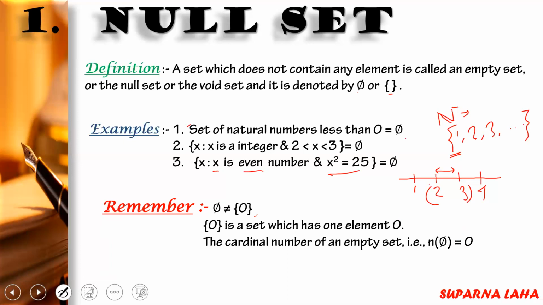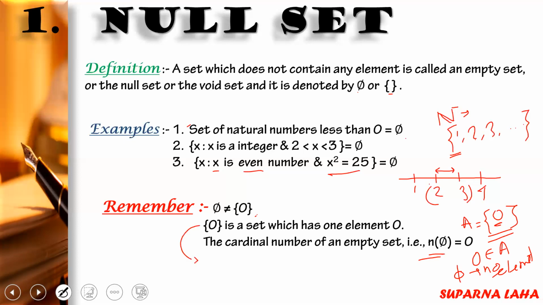Here 0 is an element. Whatever you write inside the curly bracket is an element of the set. Whenever you write 0 inside this curly bracket, that means 0 is an element of this set, 0 belongs to this set. But phi means there is no element. So the cardinal number of phi is 0.